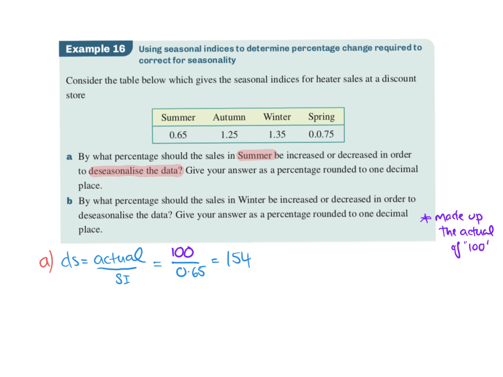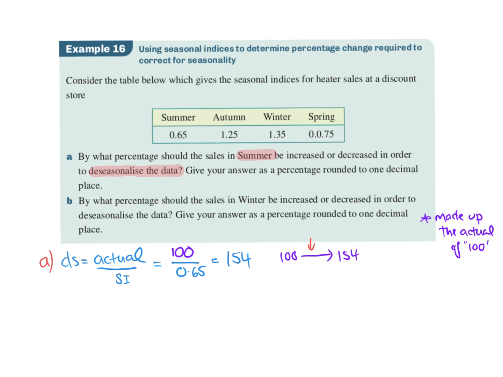So we started with 100 and we went up to 154. How did it increase? It increased by 54. And I can say it increased by 54% because I used 100. It's a nice number to use, isn't it? Because it's going to tell me straight off. I don't have to change anything, yeah? I used 100 because it makes it answer the way I want it.